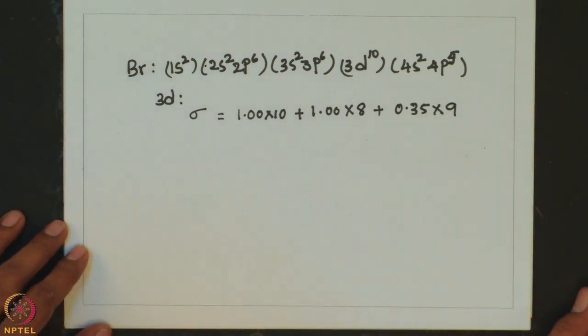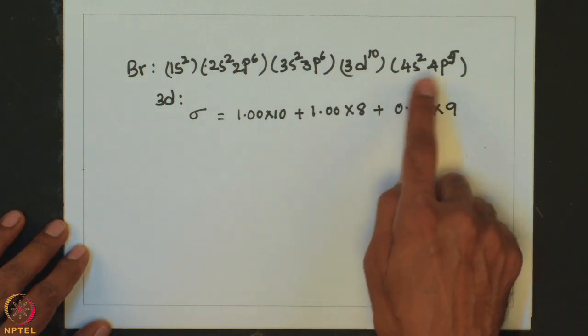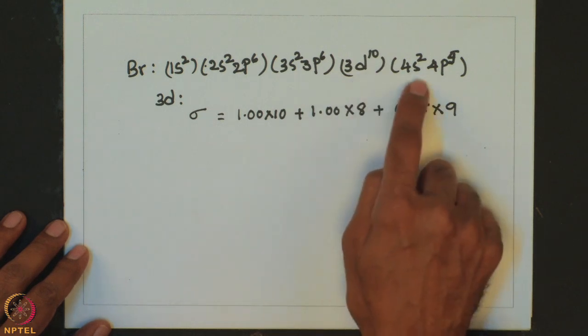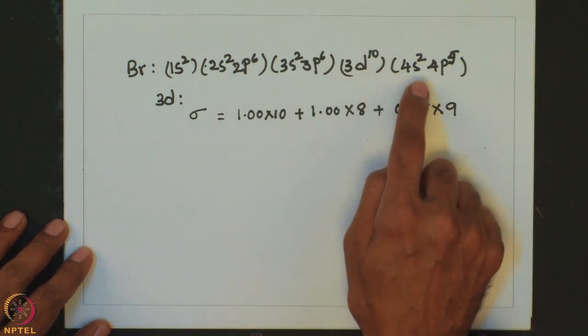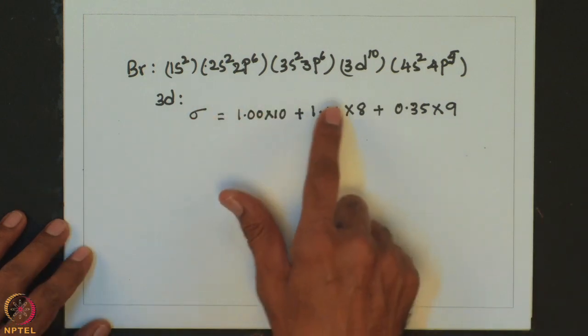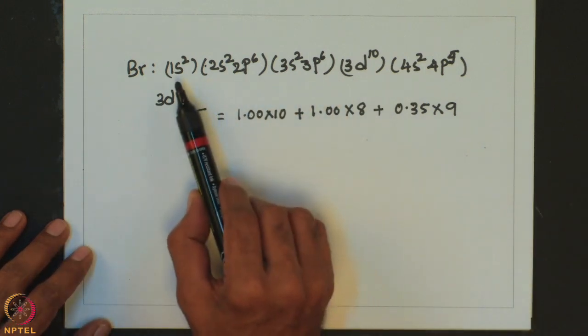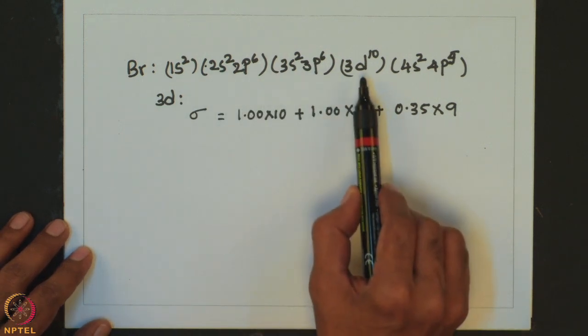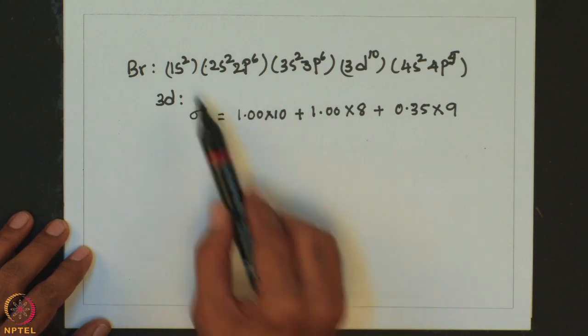Here, 4s2 and 4p5 are on the right side of the d orbital, so they should be ignored as they are not contributing towards the screening constant. We have to consider only 1s2, 2s2, 2p6, 3s2, 3p6 and, within the group, these 9 electrons. That is what I have written here.